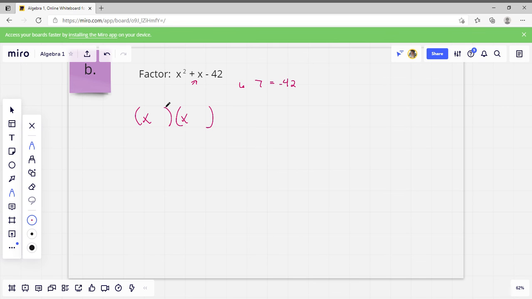And we add them together. We need to get positive 1, because this really means positive 1. So if our 7 is positive and our 6 is negative, that would be 7 minus 6 equals 1. So that would be negative 6, positive 7. So that is the answer to that one. x minus 6, x plus 7.